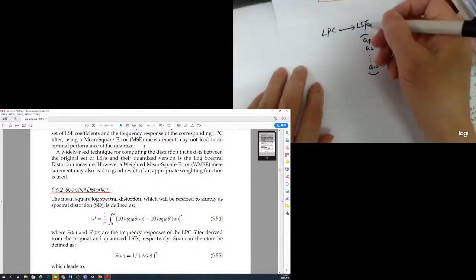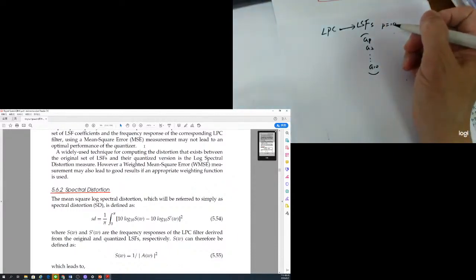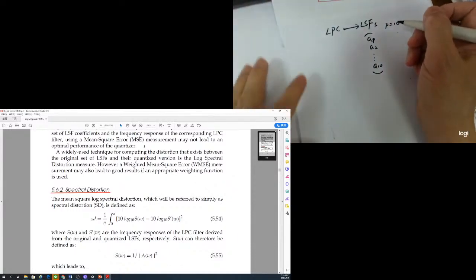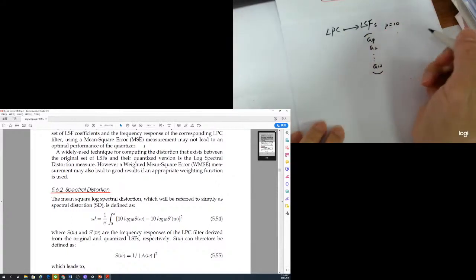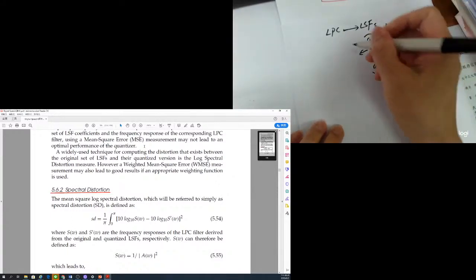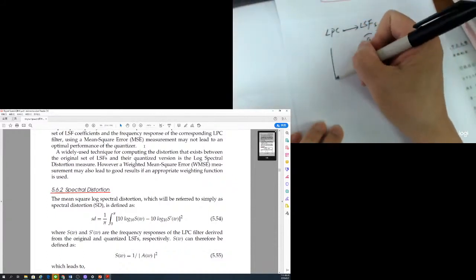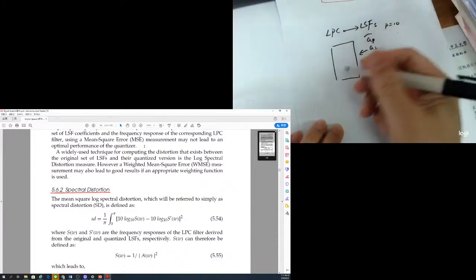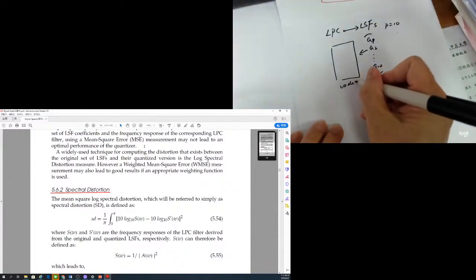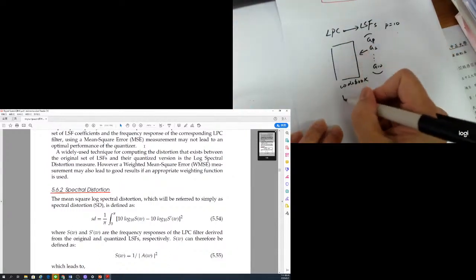If we are doing the quantization, you have to think about maybe using the codevector, the codebook. So we have a codebook here, and maybe we just use vector quantization.